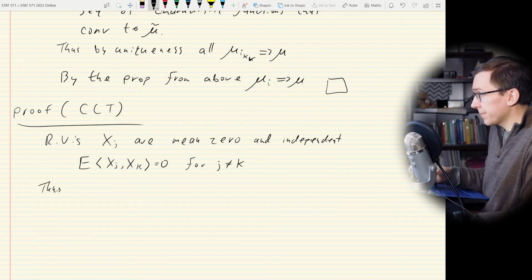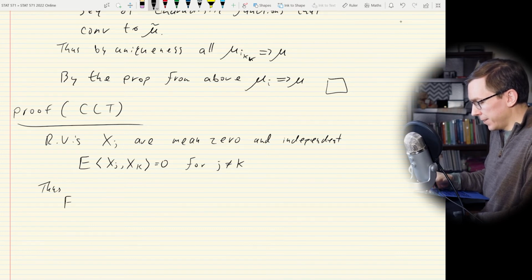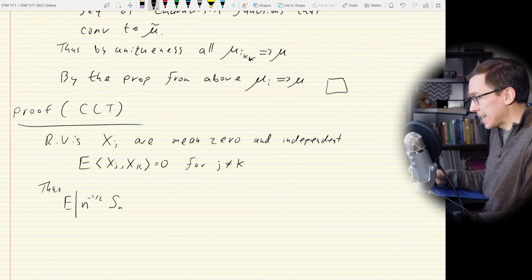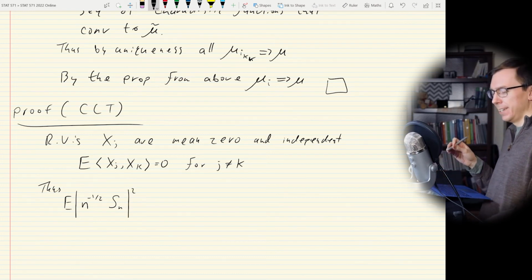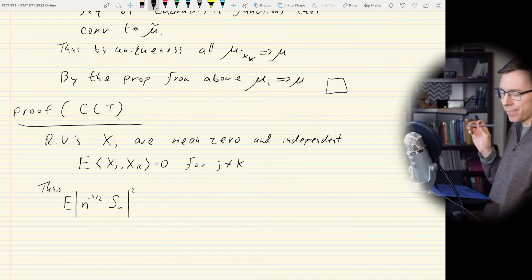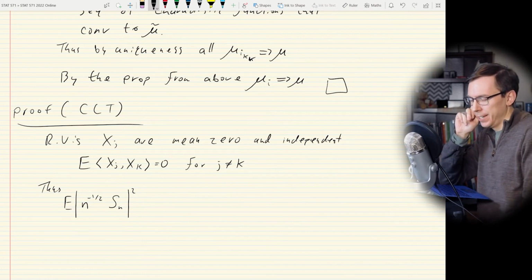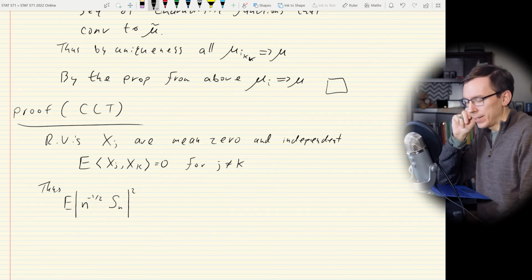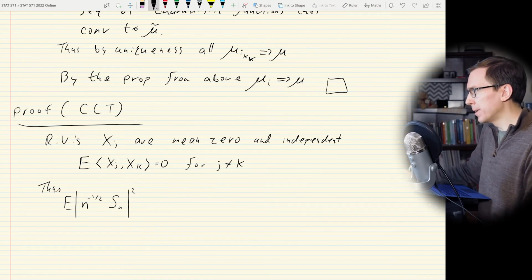Thus, the expected value of n^{-1/2} S_n, the sum of the first n terms, squared. Remember, these are random vectors now, so we have to think of this as the squared Euclidean norm.